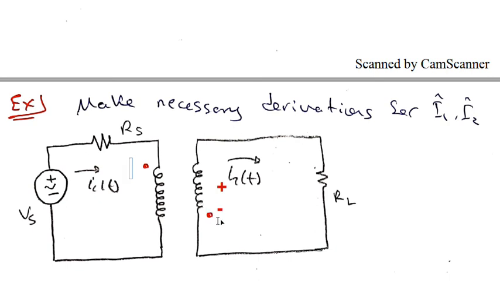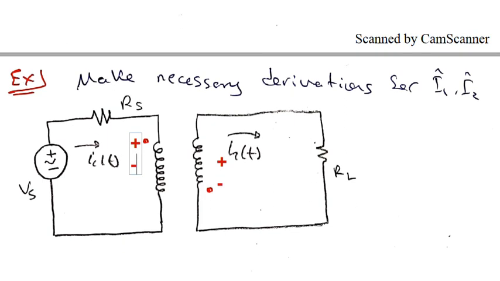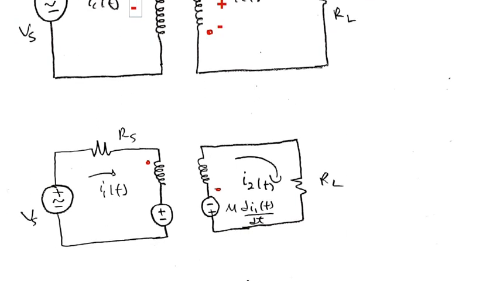So if it is entering from the dotted place, the mutual dot will have positive sign and the bottom side only negative is left. So let us check the primary side, positive, negative, we have found. Secondary side, also positive, negative.